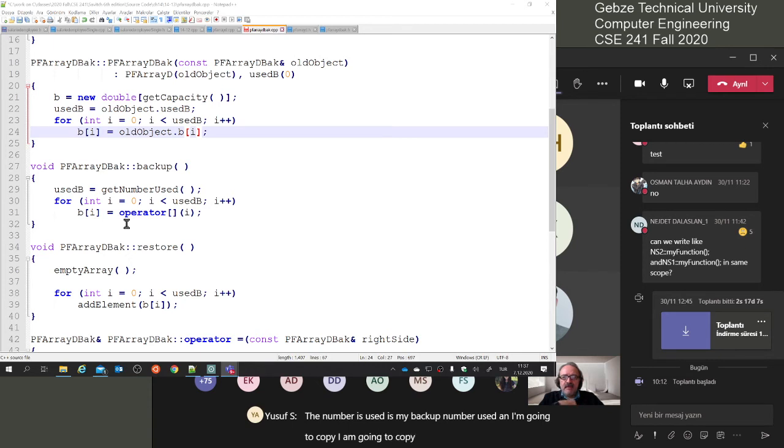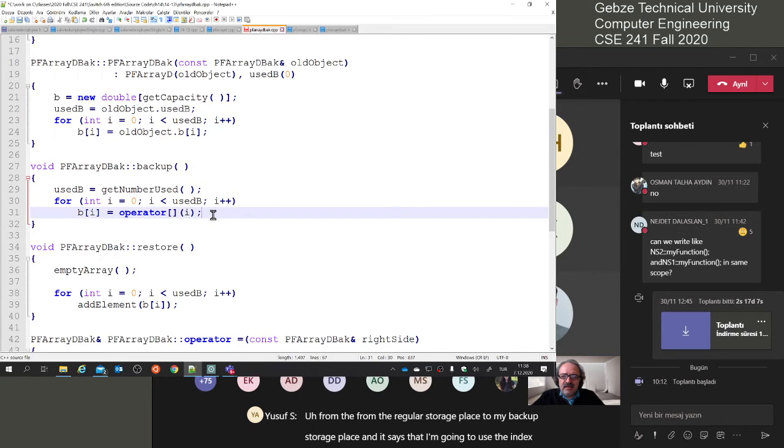everything from the regular storage place to my backup storage place, and it says that I am going to use the index operator. And I think this would be fine if I had used something like this. Okay, can I do this?